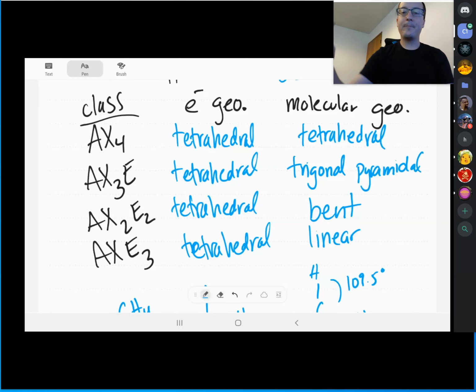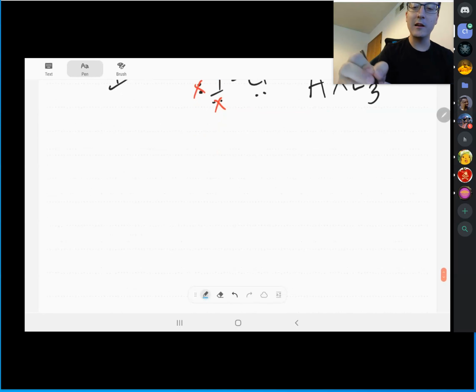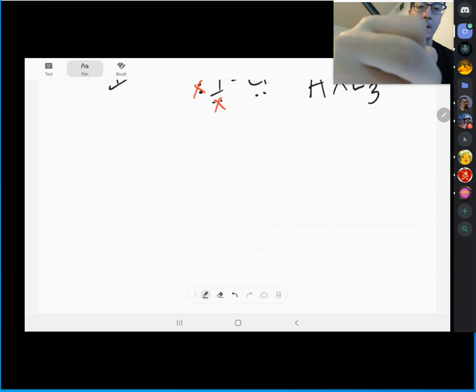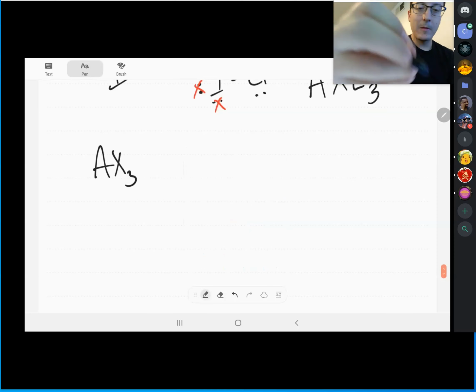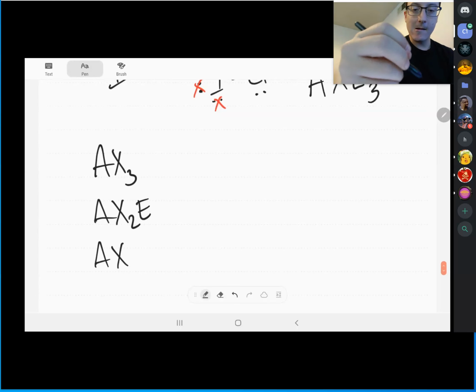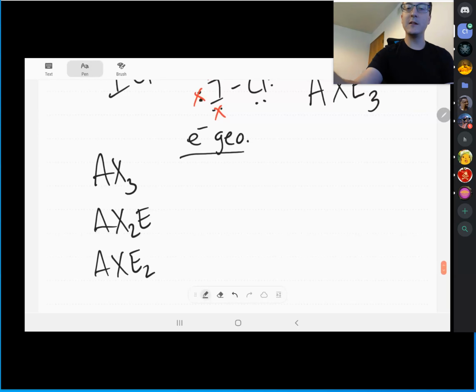All right. Let's go back to our Y-shaped molecule, the triangles. We're going to have AXE2. All of these, the electron geometry, do you remember what these would be called? The Y-shaped ones?